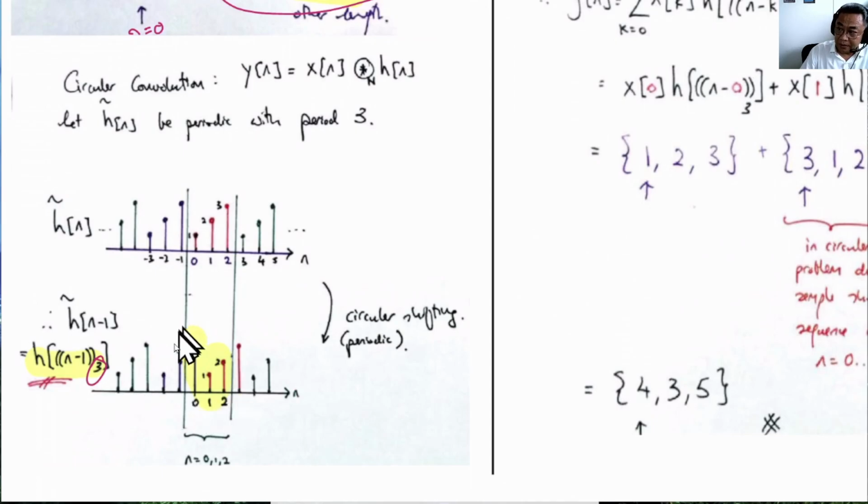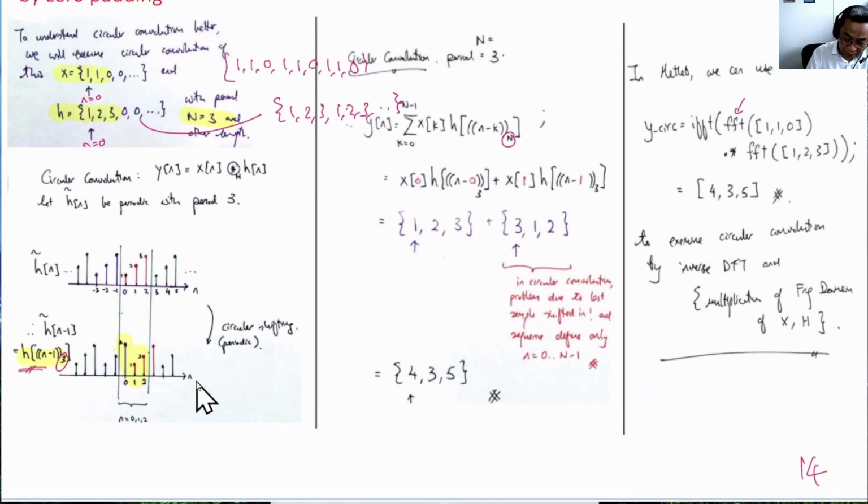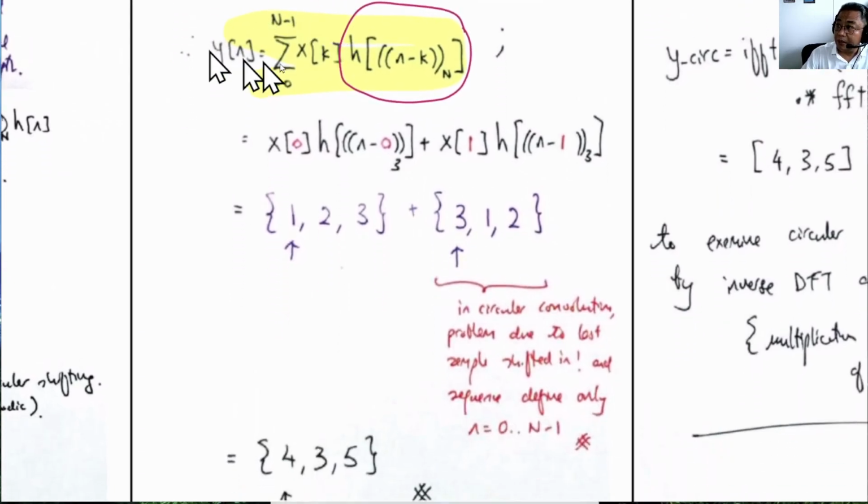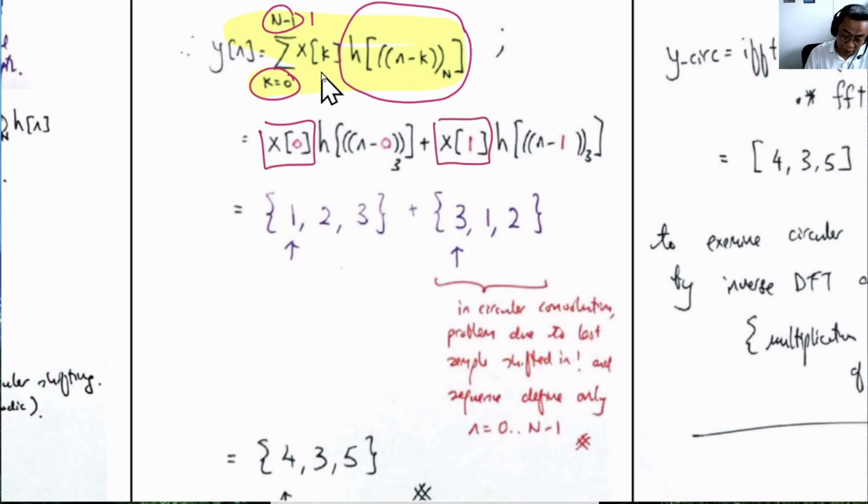So we realize that h[n-1] looks like this, and where does it occur? It occurs when we are using this equation for our circular convolution. Remember, the difference is only here. Let's expand this circular convolution equation. Again, we only have x[k] for k equals 0 and k equals 1, so we have x[0] and x[1]. There's no change.